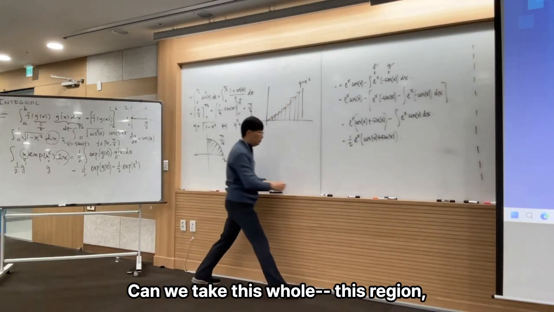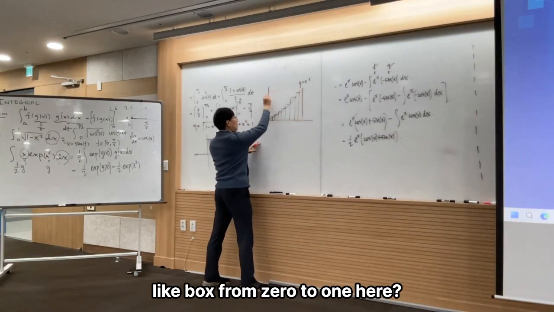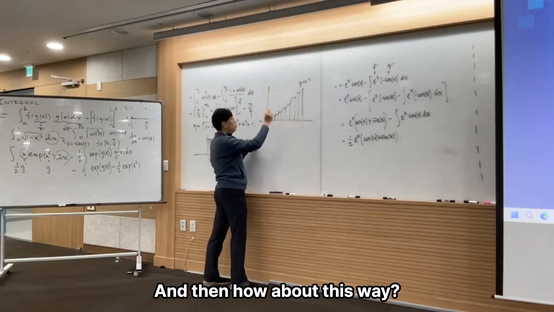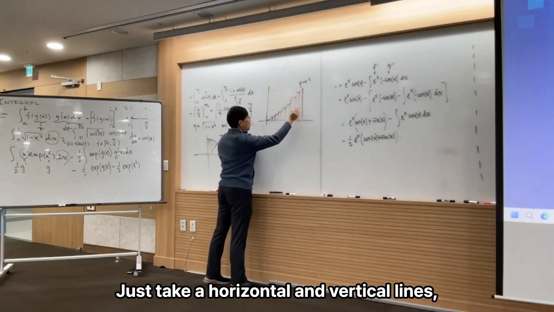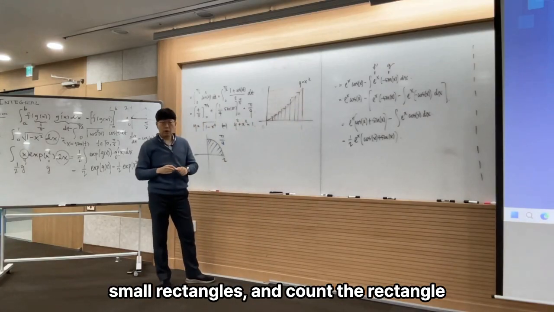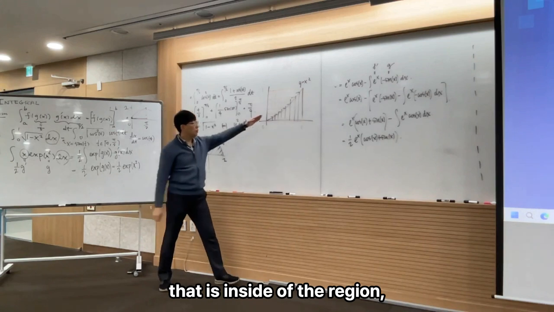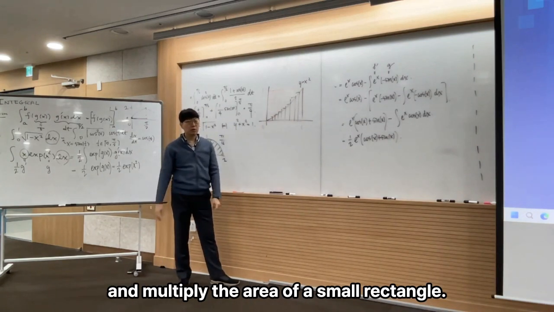Can we take a box from 0 to 1 here? And then how about this way? Just take horizontal and vertical lines, and then we have lots of small rectangles, and count the rectangles that are inside the region and multiply by the area of a small rectangle. How about that?